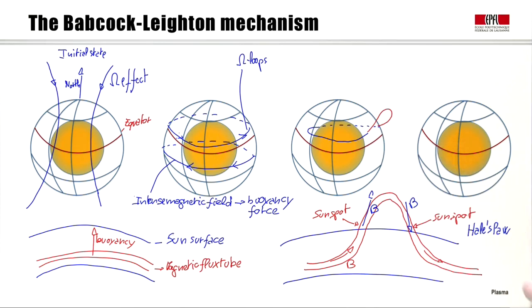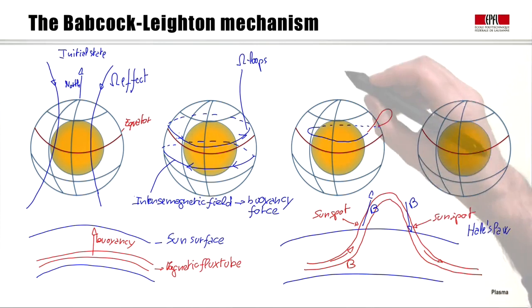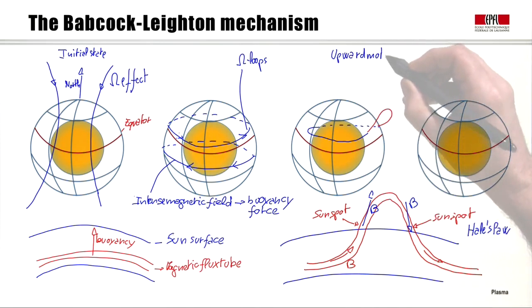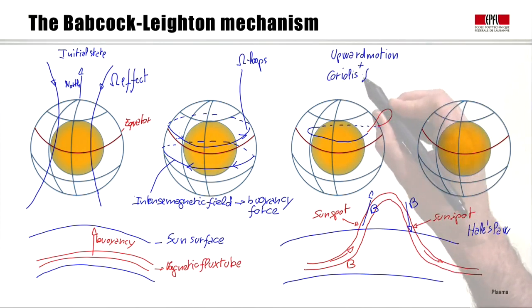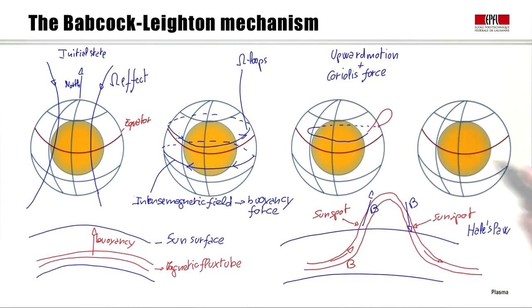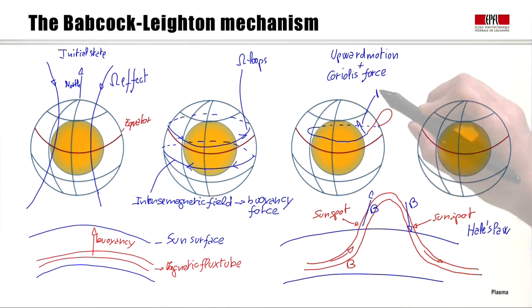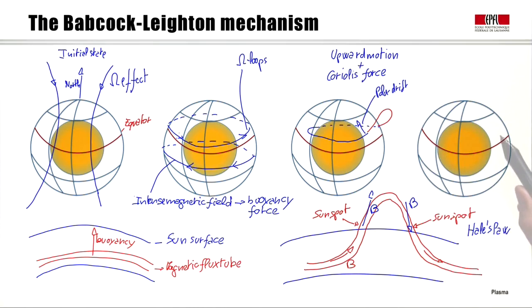Under the effect of the upward motion of the flux tube and the Coriolis force, the following sunspot will experience a drift towards the pole. This drift produces a tilt between the leading and the following sunspot, which is consistent with Joy's law.